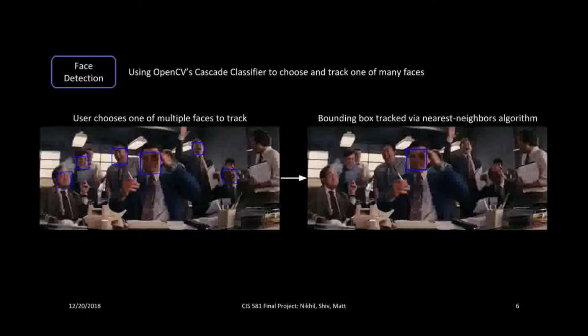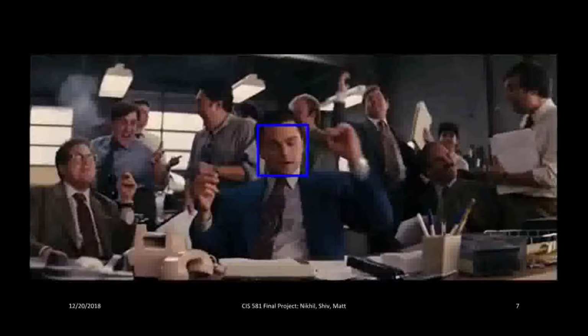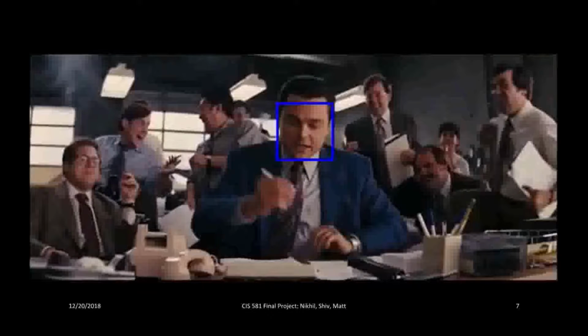All the features that would be associated with the rest of the people in the frame are discarded. So now here you can see that we've detected the bounding box in this particular frame for the face, and we continue to do so as the video progresses, and we keep track of the features within that bounding box as well.